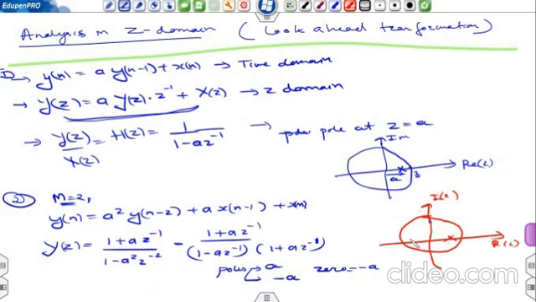So let's say this is minus a, and the zero is also at minus a. The zero is denoted by a circle. Okay, so they are cancelling poles and zeros, because these two factors can be cancelled out.